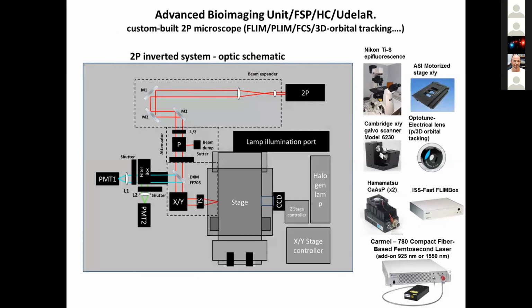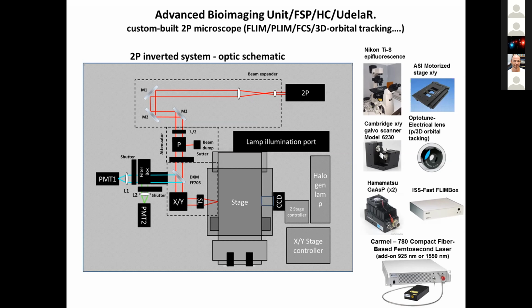So the two projects that I am working on now are, one is, as I said before, an inverted microscope based on this Chameleon 780 fiber-based 2-photon laser, and then it will be built on top of this Nikon TI-S microscope.